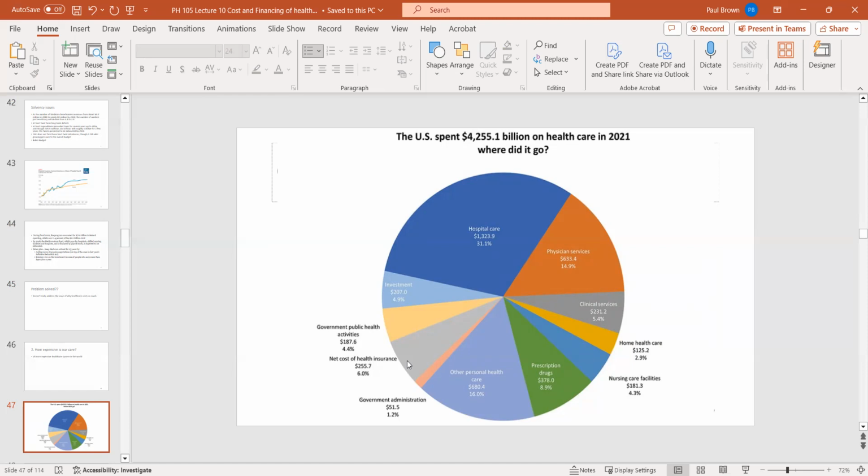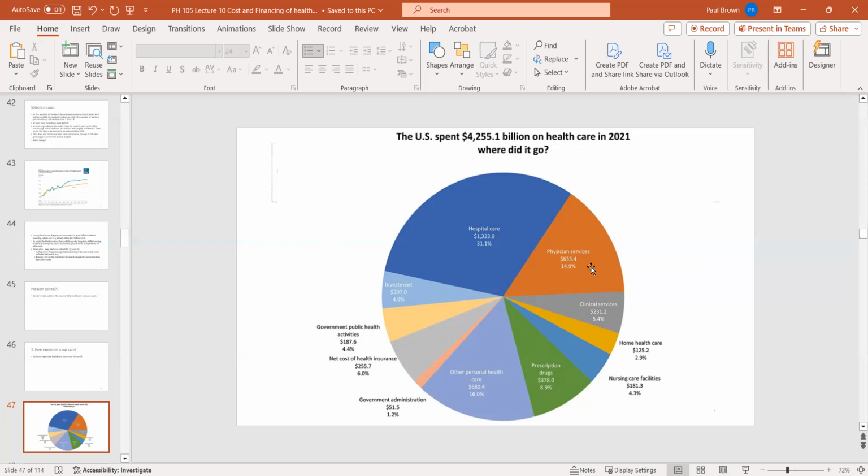That's a lot, right? If you think about all the other things there are in our lives, 1 out of every $5 is going to healthcare. If you look at where it goes, about 31% goes to hospitals and about 15% goes to doctors. So overall, about 45 to 50% goes to hospital and doctor care.